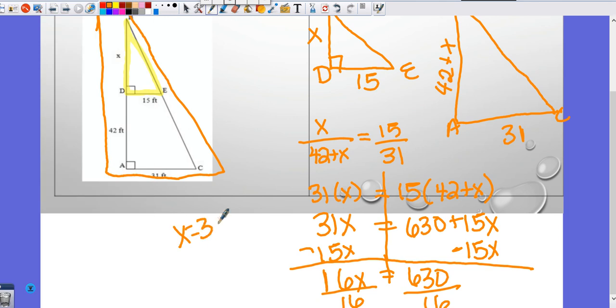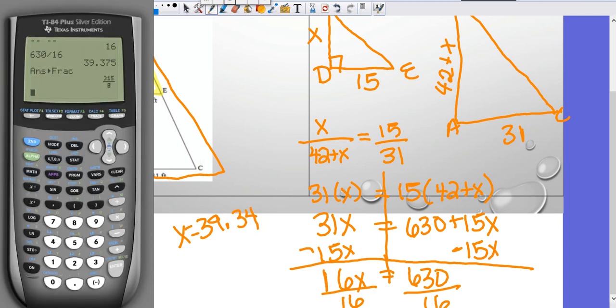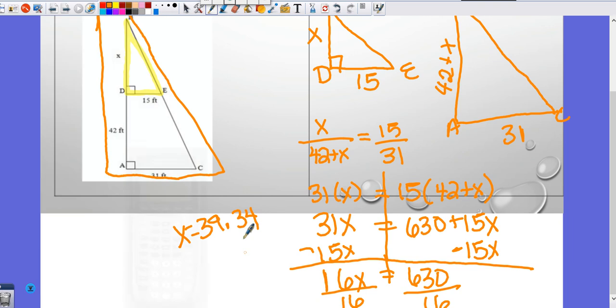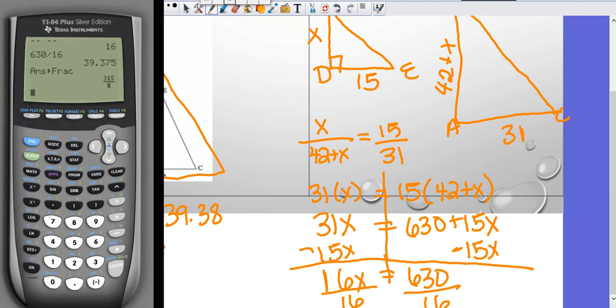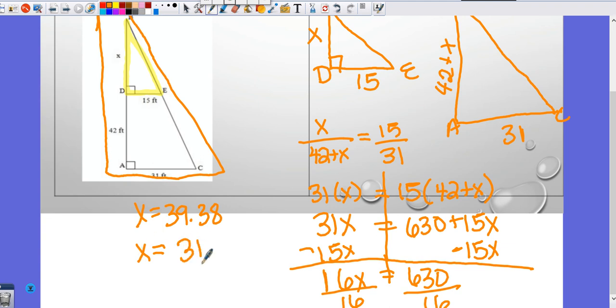So x equals 39.4, or you can write it in its fraction form, 315 over 8.